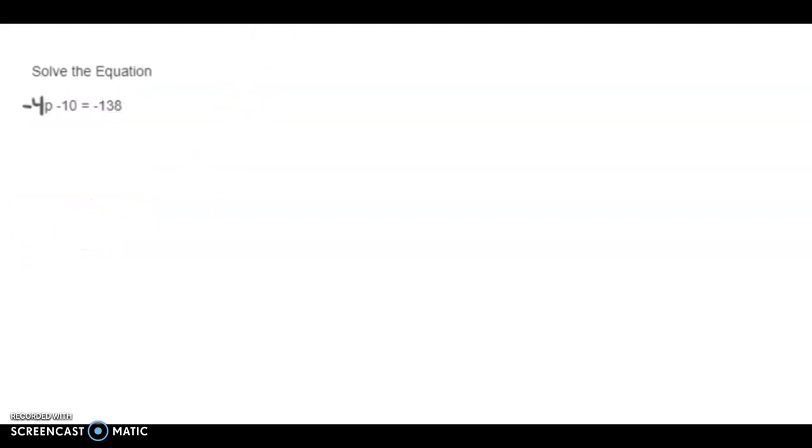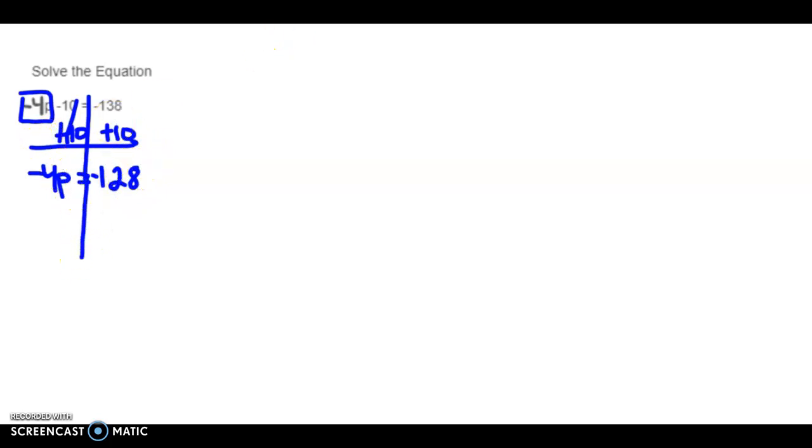All right, we're going to solve on this one. I'm going to draw my line, box off my letter, and I need to get rid of that -10, so I'm going to add 10 to each side. Oops, that's a -138. I almost added 10. So -138 plus 10, we would end up with -128.